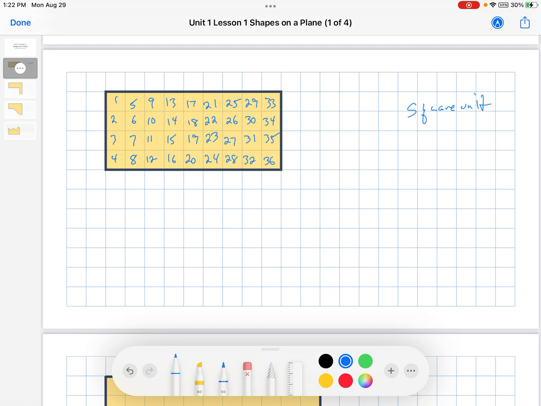There are 36 squares inside this shape. Therefore, the area of this shape is 36 square units.